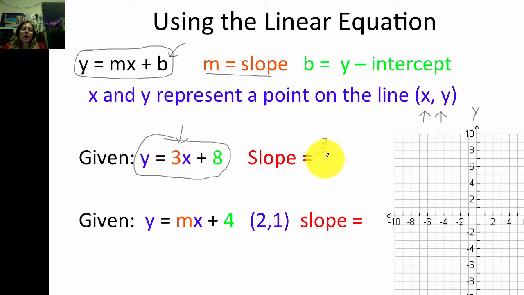Remember that it's a rise over run. Any whole number goes over the number 1. And you have rise over run. And we'll look at what that means for our line here. And if somebody says, well, what's the y-intercept?